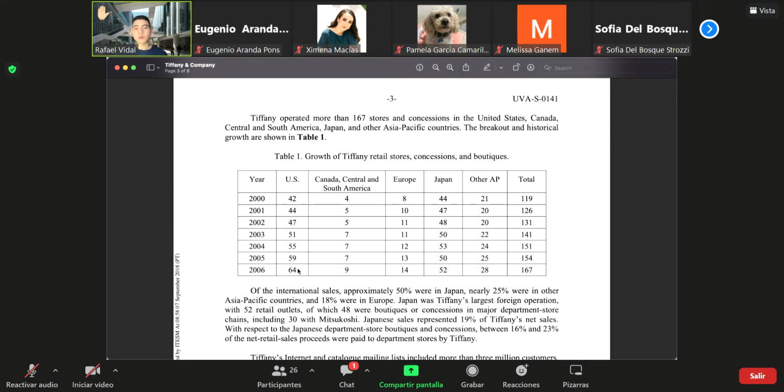Looking at the stores, 8 stores is a kind of big difference, but in the bigger picture, it's not too much of a difference compared to other parts of the world, right? So if we have kind of the same number of stores, would you expect to sell the same number of pieces? Yes, right? So we are going to figure that out once Eugenio and Sophia have those numbers, okay?